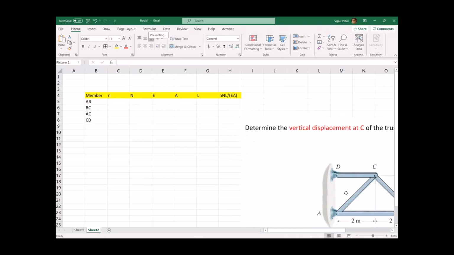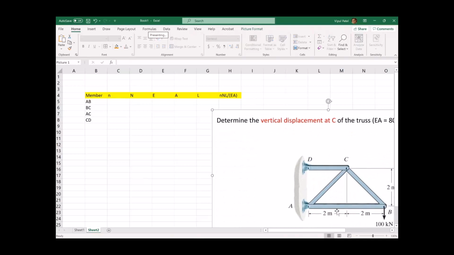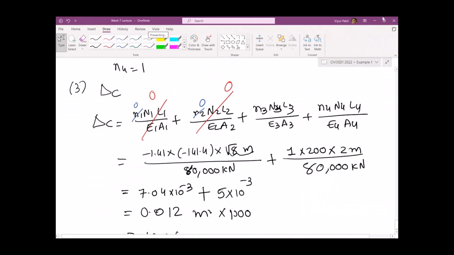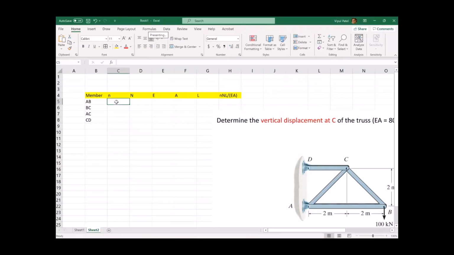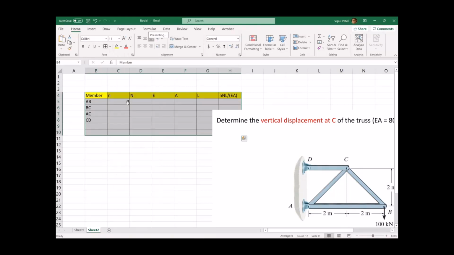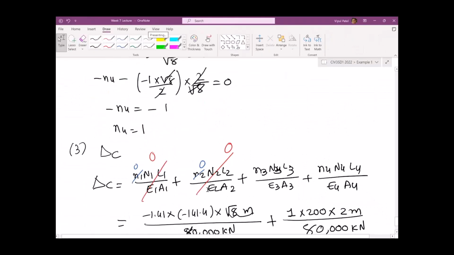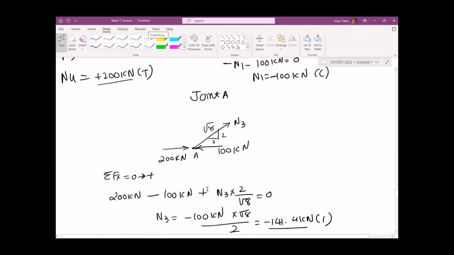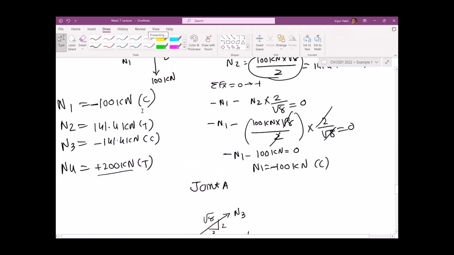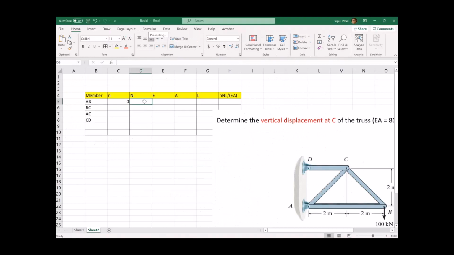AB is member 1, and small n1 is 0. Let's put 0 here. Capital N1 is how much? For capital N1 we got minus 100. Young modulus, this one we keep.